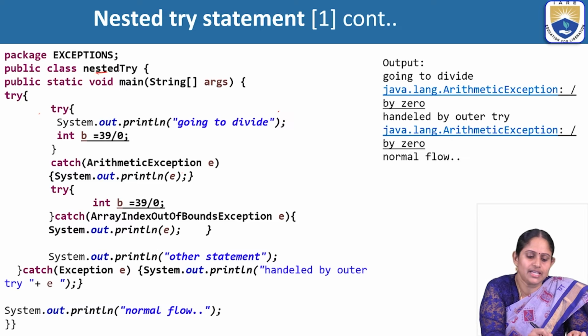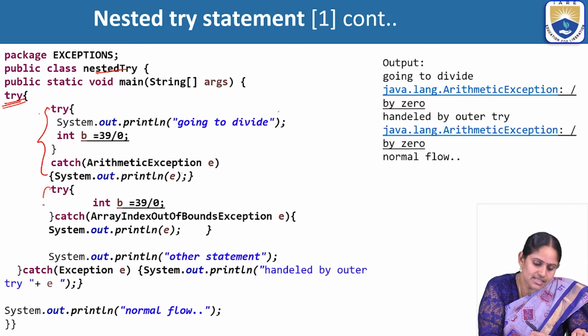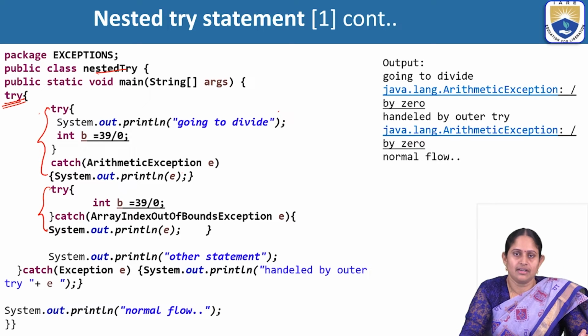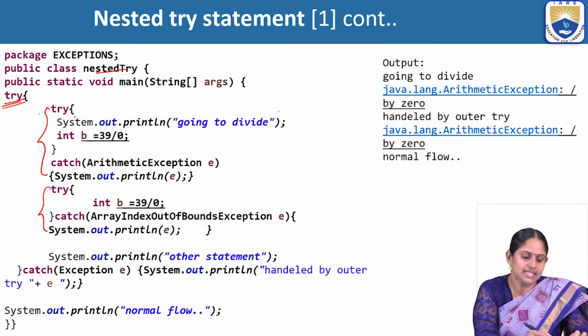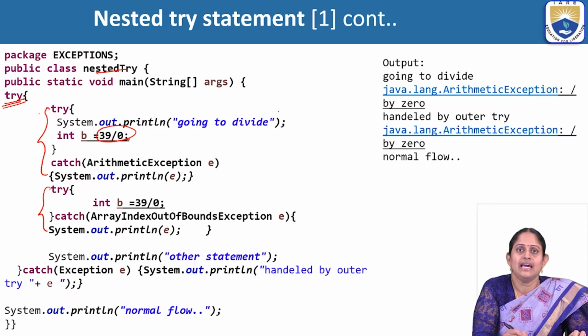So here we have the class nested try. Inside that we have one outer try statement. Then we have the first nested try, and this is our second nested try. Here in this nested try, it is creating an arithmetic exception because it is dividing by 0.